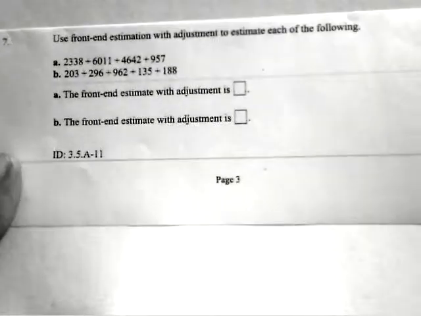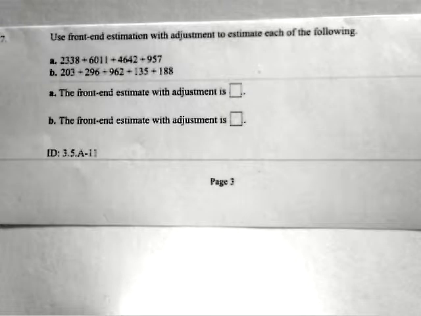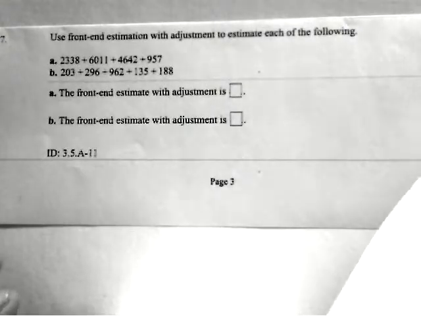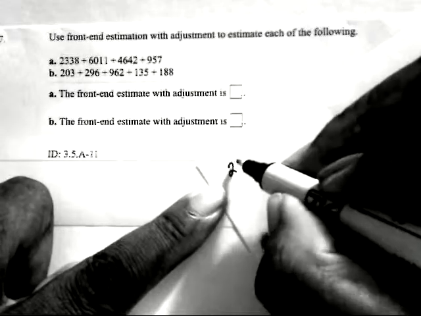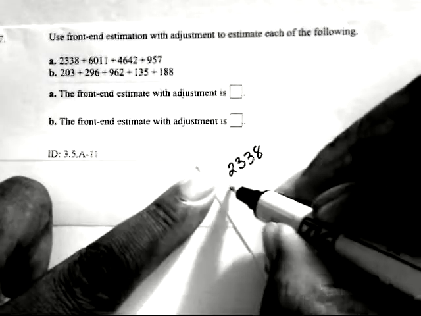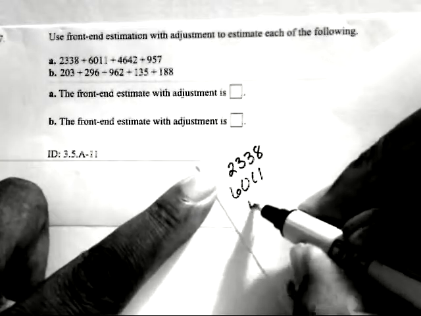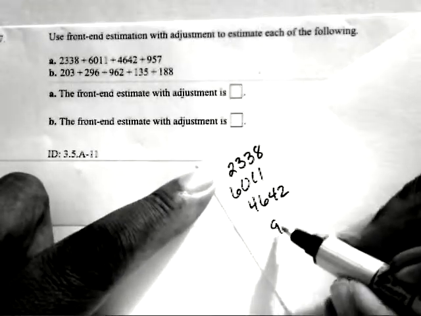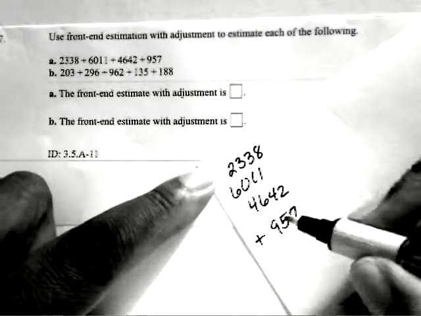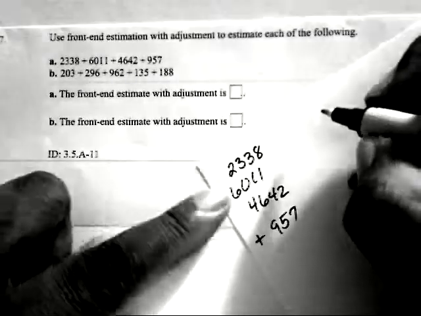Okay, here we're going to use front-end estimation with adjustment to estimate each of the following. In part A, you get 2,338 plus 6,011 plus 4,642 plus 957. And we're adding these four numbers together.